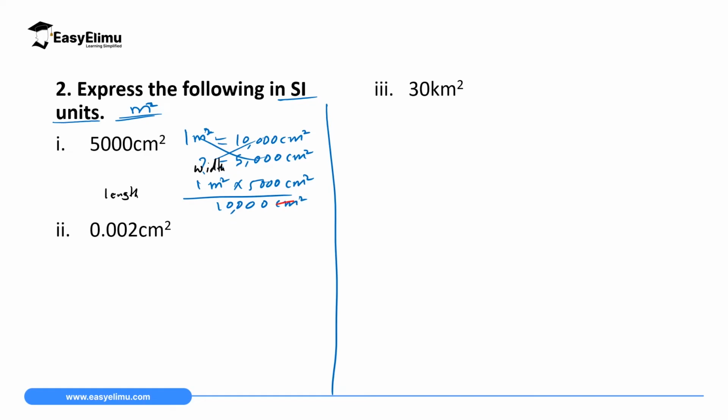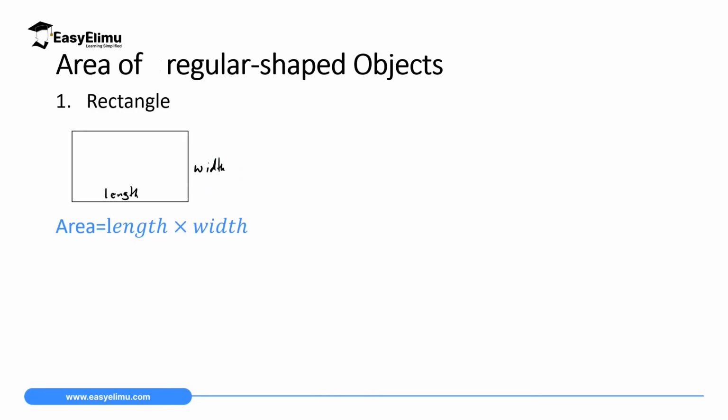So square centimeter will go with square centimeter, and we will remain with our answer in square meter. The zeros cancel out, and we remain with 5 divided by 10, which is going to be 0.5 square meter.